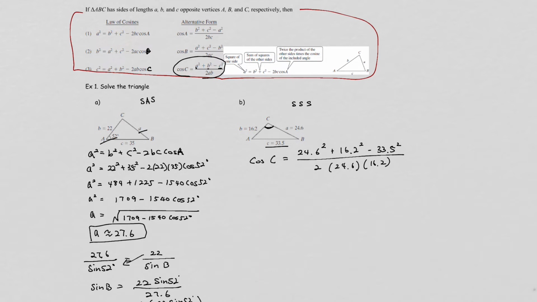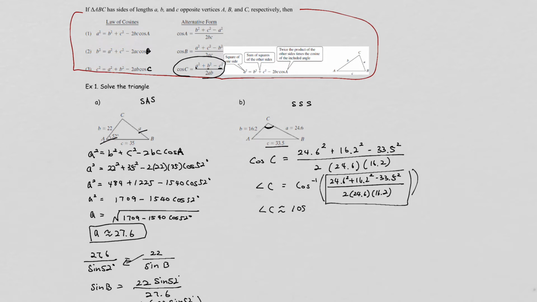That is cosine C. So in order to find angle C, we're going to do cosine inverse of that value. It gives you about 108.6 degrees.